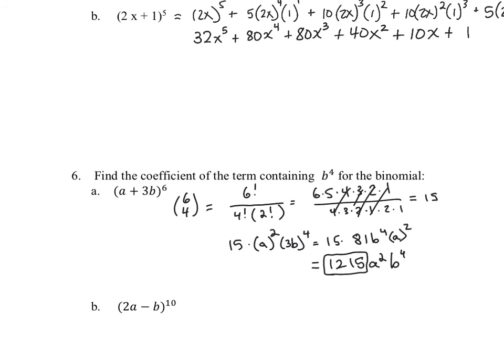Now the other way to have come up with this number 15, if we didn't want to do binomial coefficients, would have been to get 7 rows of Pascal's triangle.